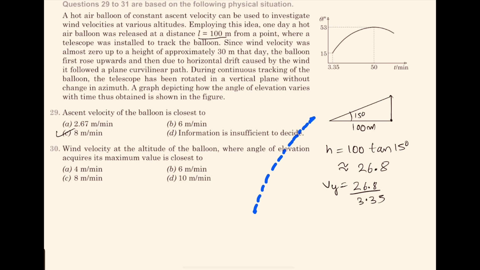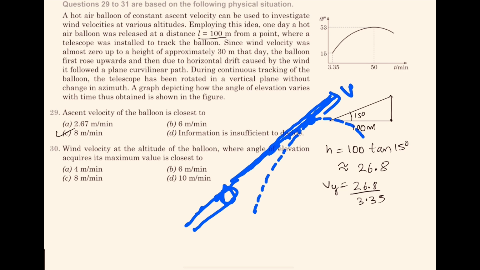Wherever it achieves its maximum angle, the telescope is focused like this, and after that the angle has to reduce. So exactly at the maximum angle point, the velocity should be directly along this line, along the tangent. This should be the direction of velocity.